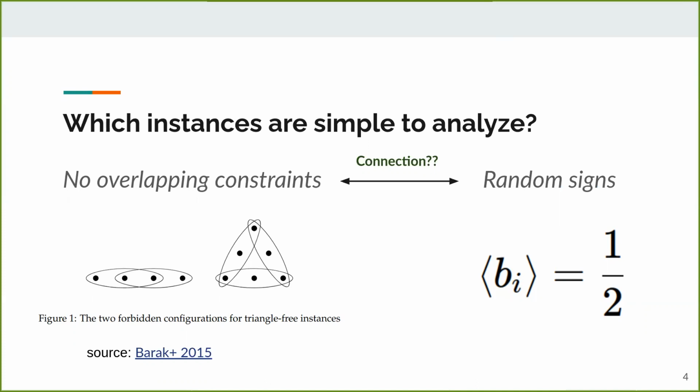It turns out if you make a different assumption, that all of the clauses have random parity, even or odd, with probability 1/2, the analysis for both of these algorithms is the same. So there might be some deep connection here between the triangle freeness, no overlapping constraints, and also random signs on the clauses.